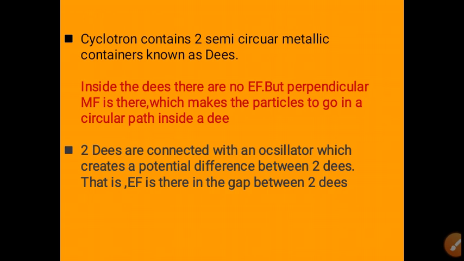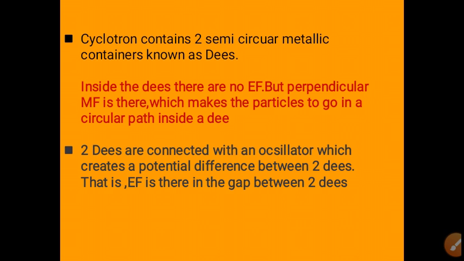Cyclotron contains two semicircular metallic containers known as Ds. Inside the Ds, there is no electric field, but perpendicular magnetic field is there, which makes the particles go in a circular path inside a D. That is a very important point. Then the two Ds are connected with an oscillator, which creates a potential difference between them.